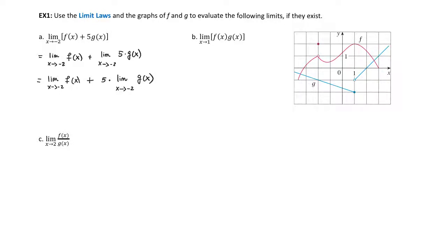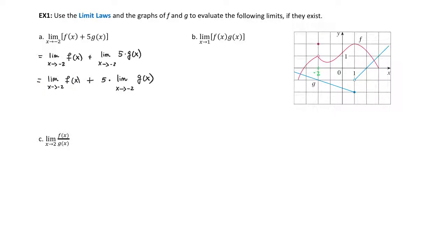Now it is time to figure out the value of this limit using the graph on the right. This is the limit as x approaches -2 of f(x). So let's see, where is -2? This is -1, and -2 is right here. Does the limit exist?